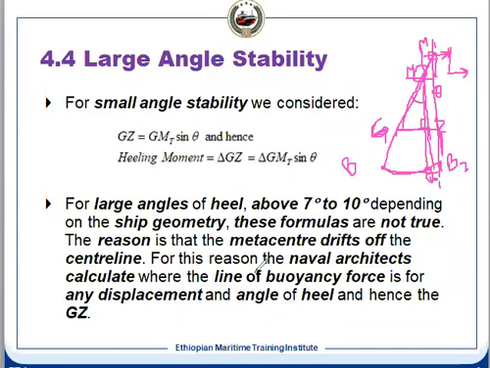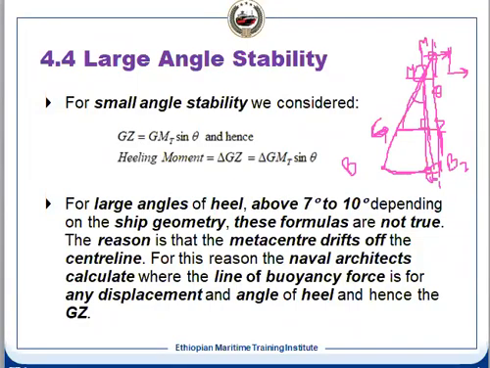So how has it been done? It means the line of buoyant force for any displacement. Suppose the displacement is fixed. Now your ship is heeling. Then there will be a buoyant force, and the buoyancy will keep on changing because your shape will change. At each angle of heel there will be a GZ, because GZ also will change.